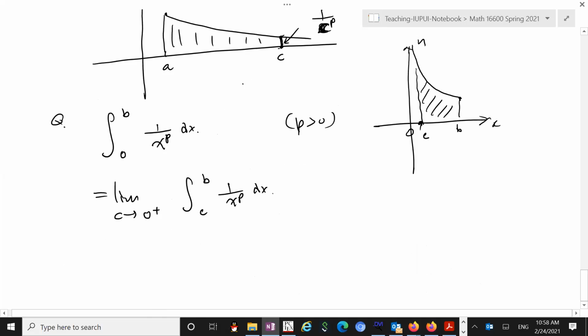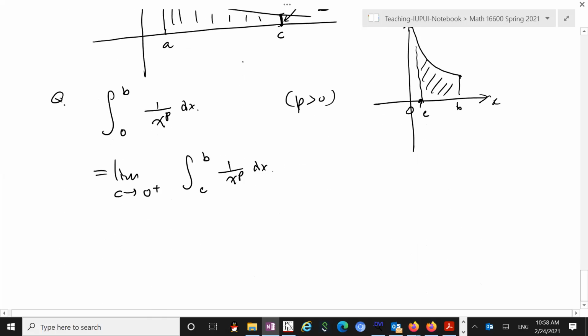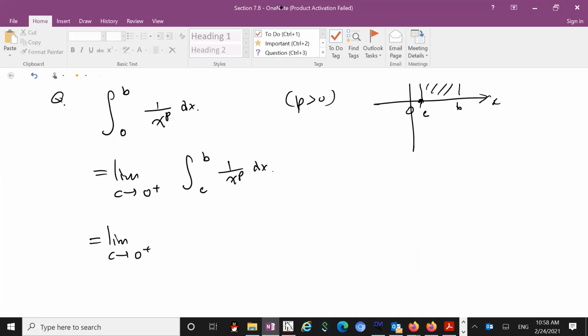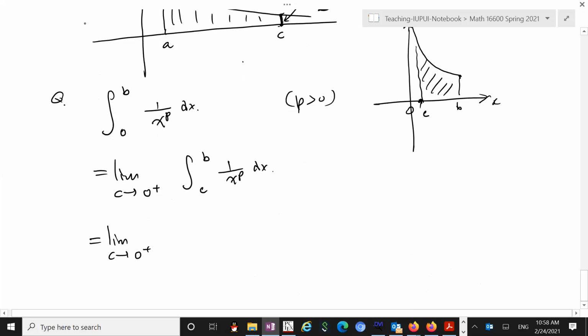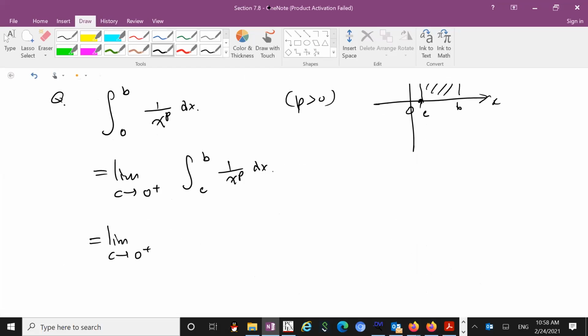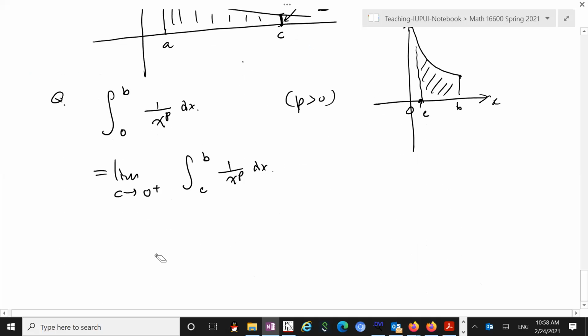So how can I see that? Well, let's find the antiderivative. I still have to assume p is not 1, so there are 3 cases here because the function is different. Let's assume p is greater than 1 as the first case.